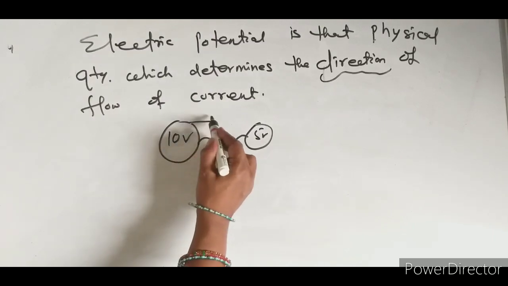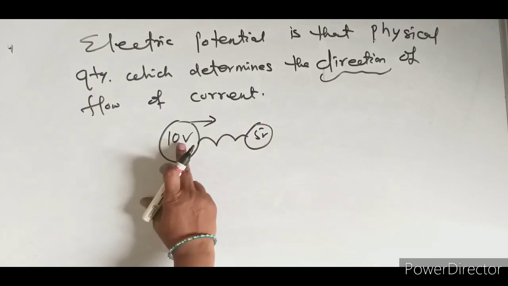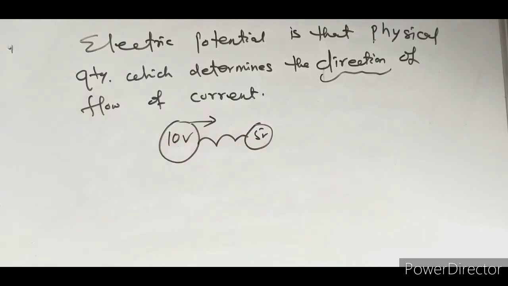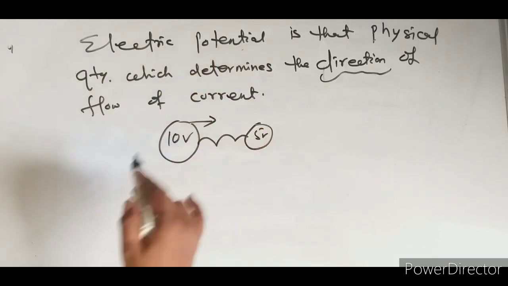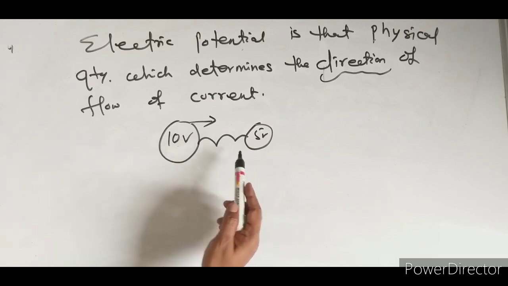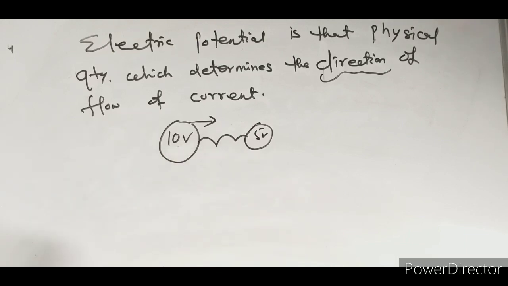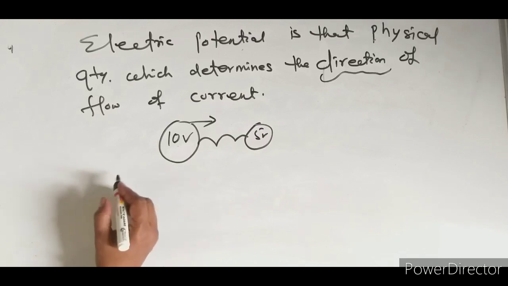Flow of current will be from the higher potential to the lower potential. So it is the electric potential only which will tell you the direction of flow of current. Understood this one? And another part is some relation here, as with temperature, the hotness or coldness of the body.